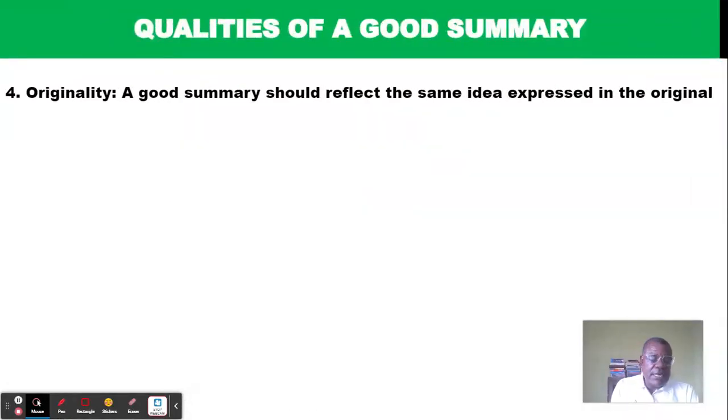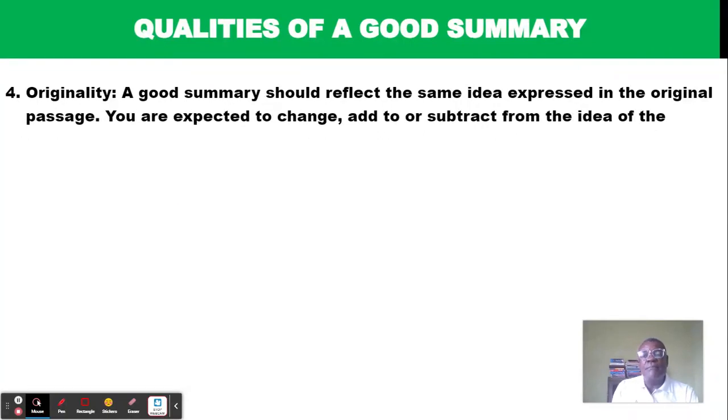Number 4, originality. A good summary should reflect the same idea expressed in the original passage. You are not expected to change, add to, or subtract from the idea of the original writer.